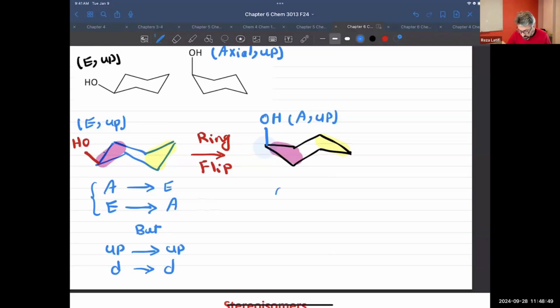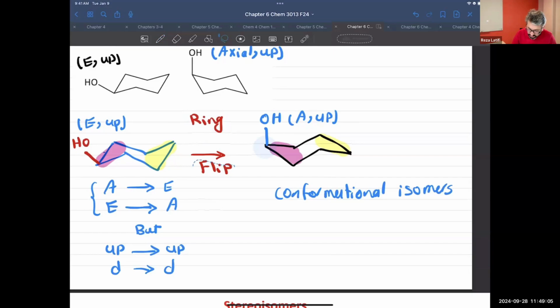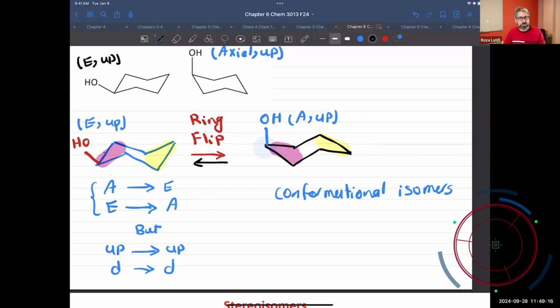I'm going to call them conformational isomers, isomers that can get converted to each other. Because they can get converted to each other, I need to show the second arrow pointing back. So what's the relationship between those two structures? The answer is they are conformational isomers.